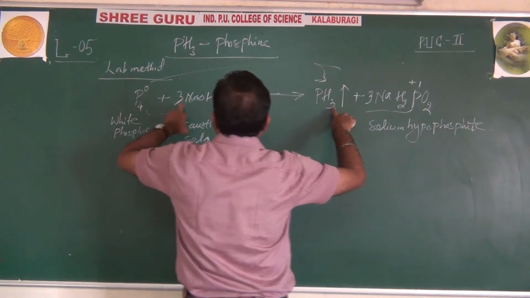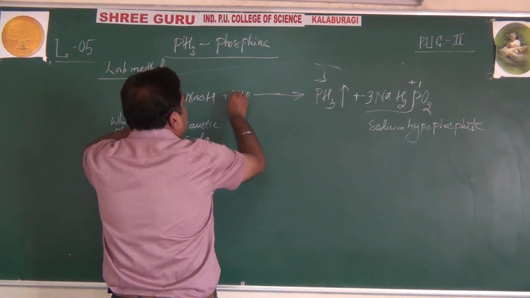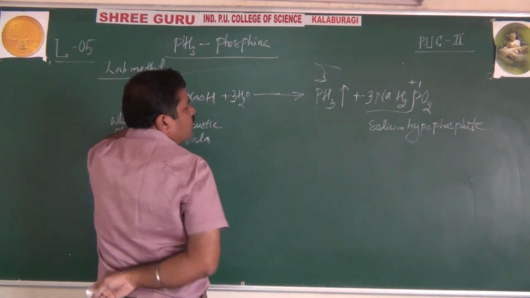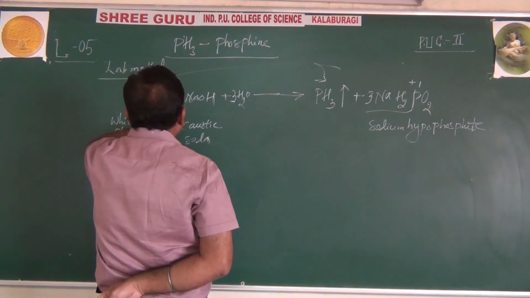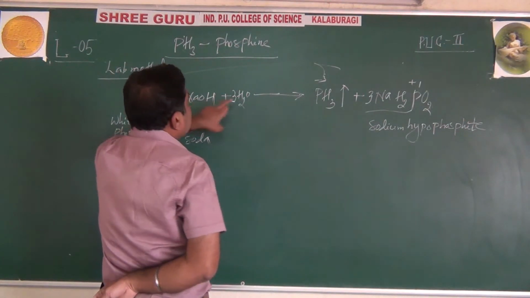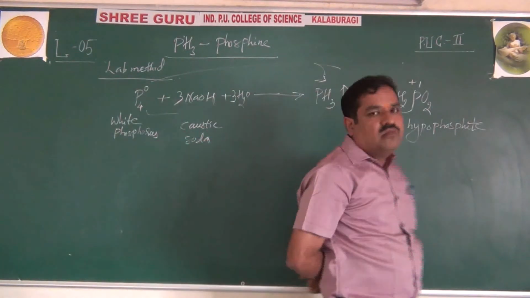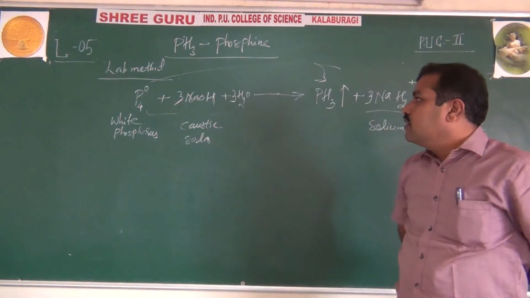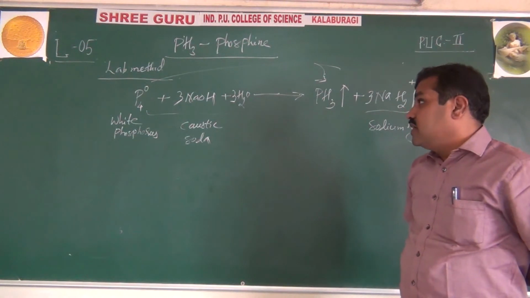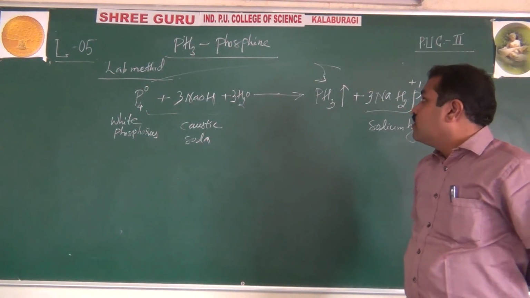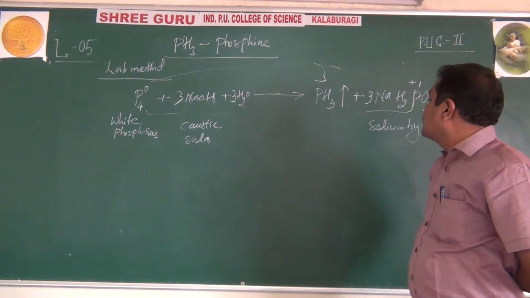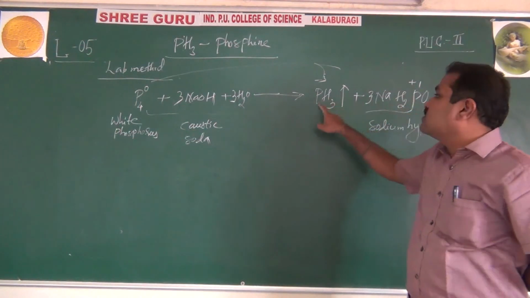Already 3 are here, so multiply by 3 H2O. Oxygen is also balanced because 3 plus 3 is 6, and there also 3 2s are 6. It is completely balanced. You must write the balanced equation. 3 phosphorus atoms and 1 phosphorus, therefore P4.